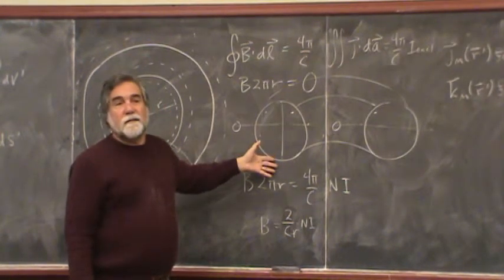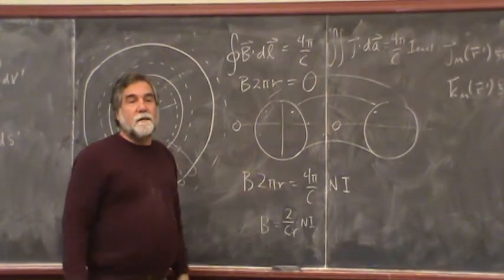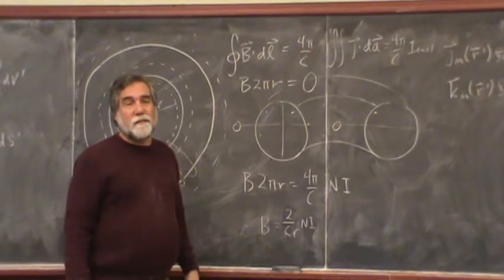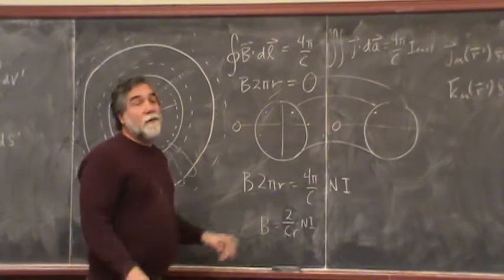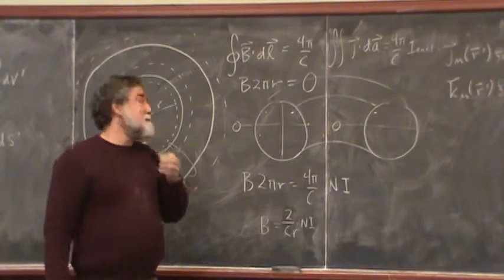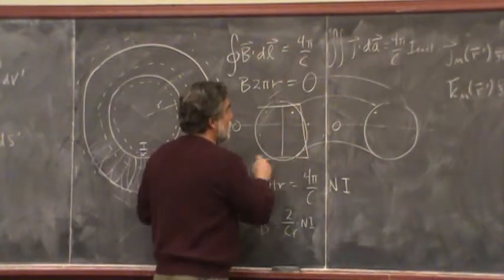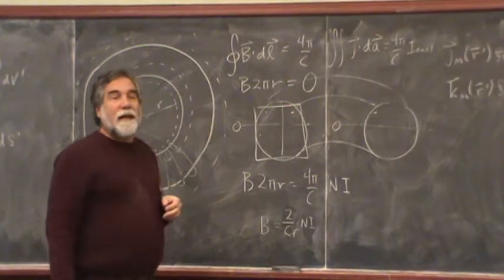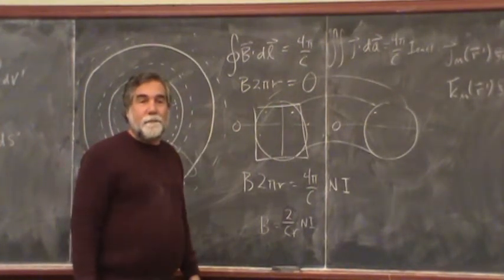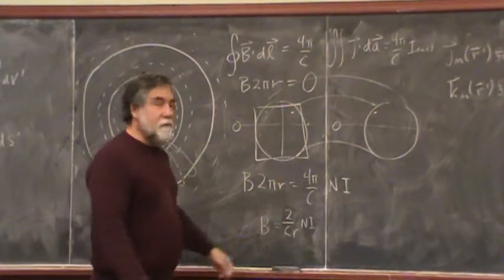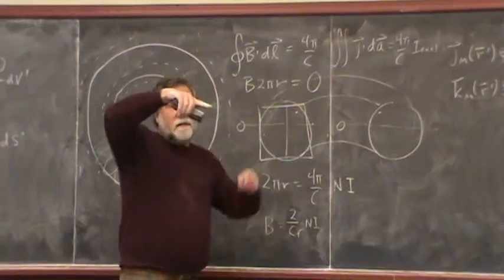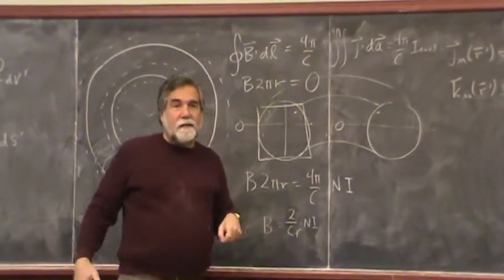There was no trick. The magnetic field is independent of the height. And by the way, it doesn't matter what shape the torus is. It could be a torus with a square cross section, or a triangular cross section. Whatever you like, it's going to be the same, as long as the magnetic field can be a constant around the loop.